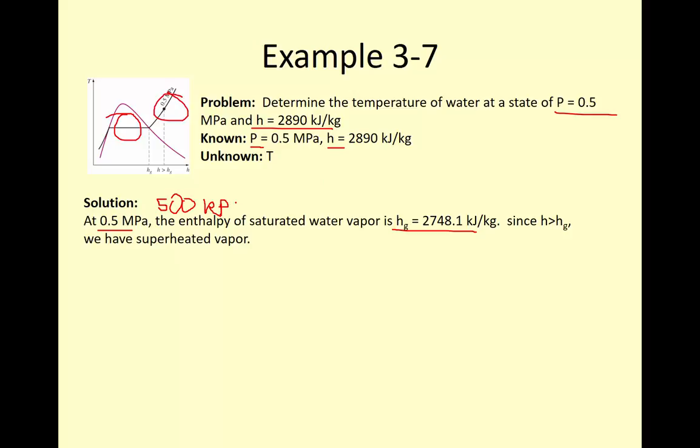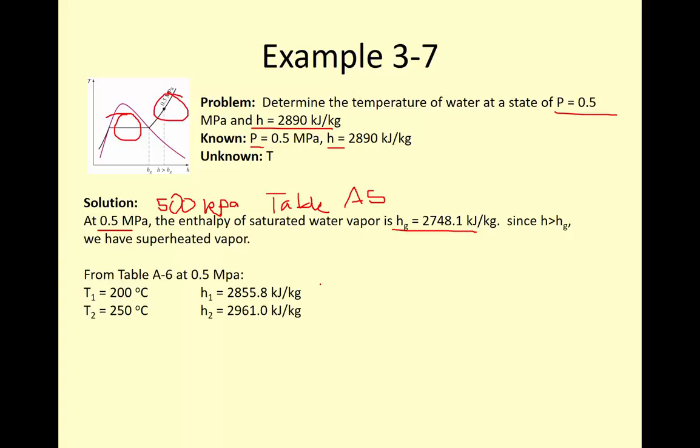So again, from table A5, we can look that up and see. And I hope you're following along with these examples and actually looking at your property tables, because I think it's helpful to learn how to do this by seeing the examples along the way.